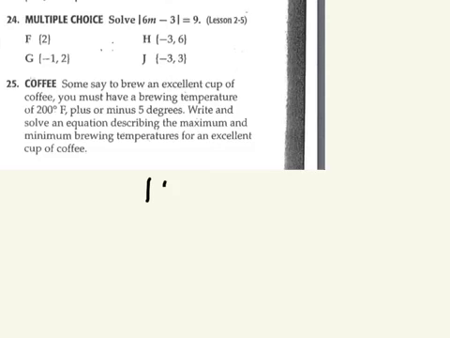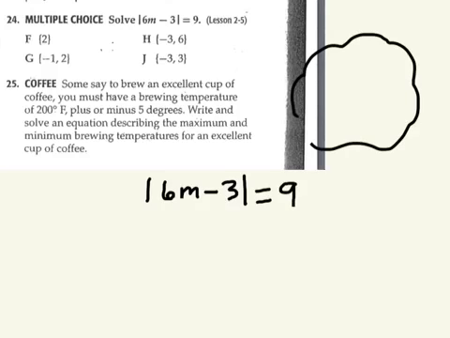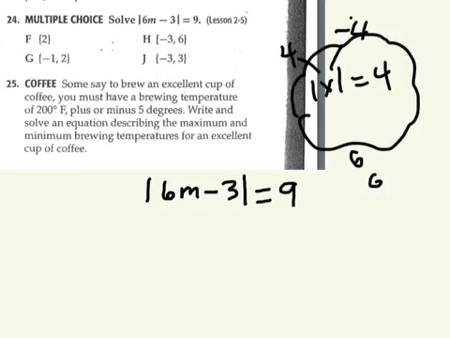and let's answer this. So the absolute value of 6m minus 3 is equal to 9. Recall, thought bubble, when the absolute value of x was equal to 4, there was no problem with you guys saying x equals 4 or x equals negative 4, because when I put the absolute value on it, it's going to be positive.